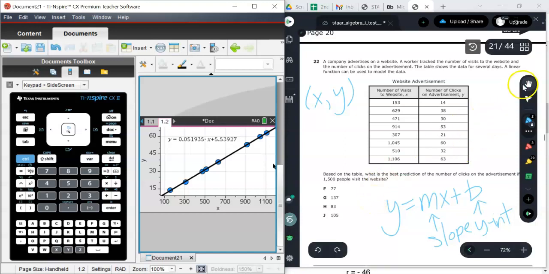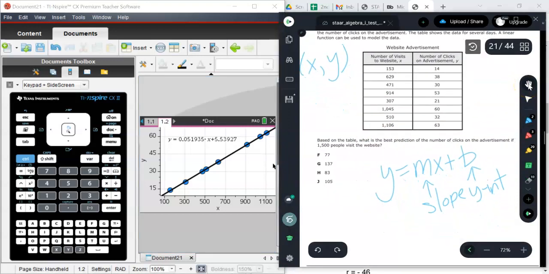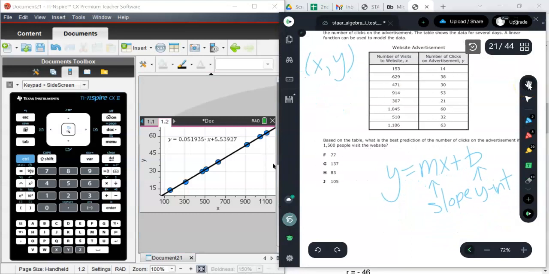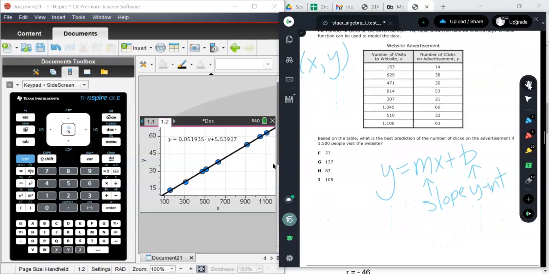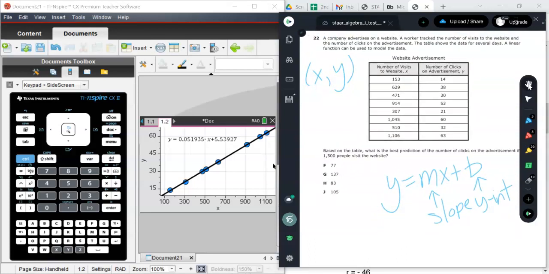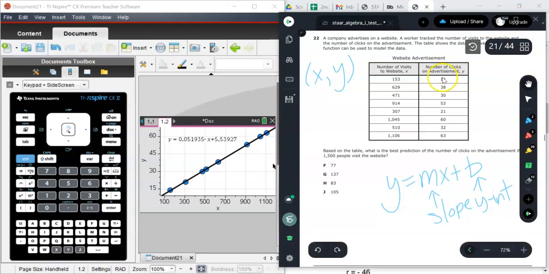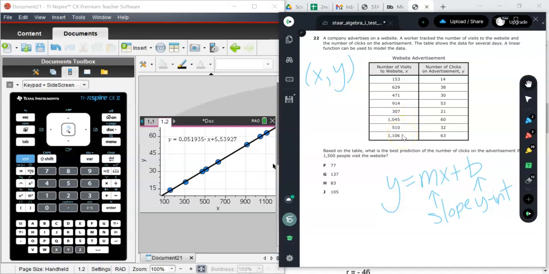This particular question says, based on the table, what is the best prediction of the number of clicks on the advertisement if 1,500 people visit the website? Based on this table, you can look and see what the patterns look like, and they want you to predict what happens if 1,500 people visit the website.